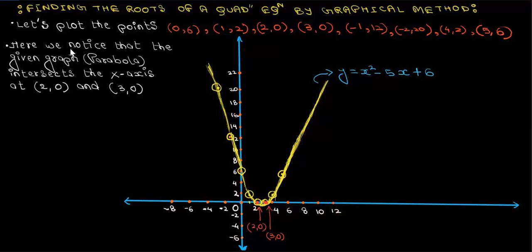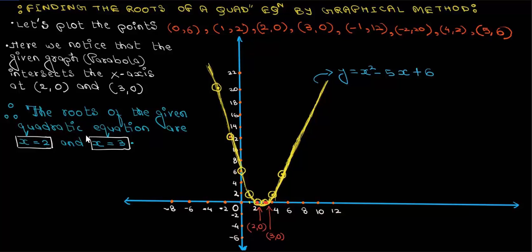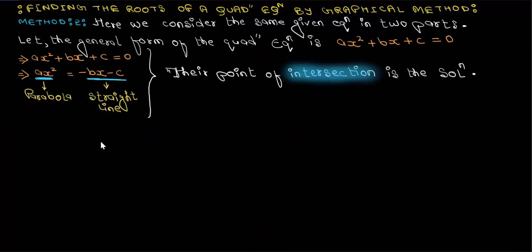So here we notice that the given graph, the parabola, intersects the x-axis at 2 comma 0 and 3 comma 0. So this is the solution. The roots of the given quadratic equation here are x equal to 2 and x equal to 3.